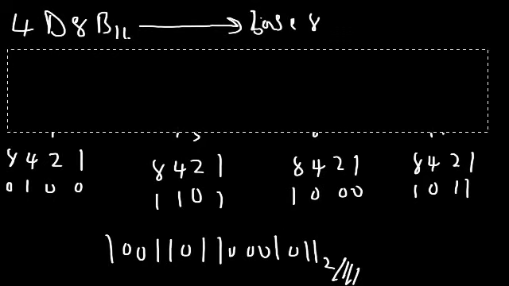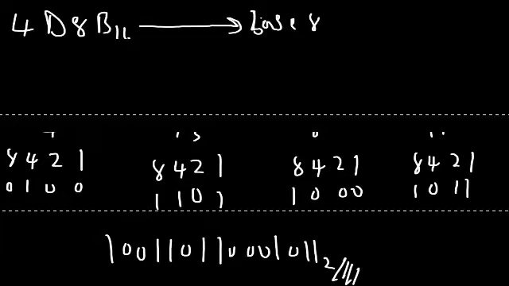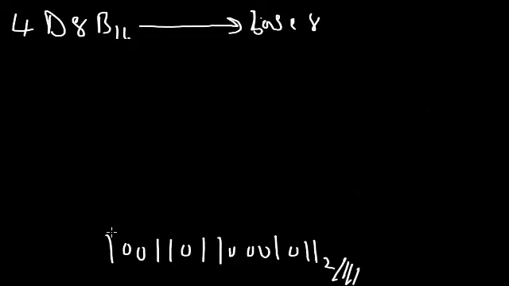To have our final answer in base 8, what we are going to do is to group this binary number. So we are grouping it in a group of 3. So 1, 2, 3, 4, and 5. Perfect.